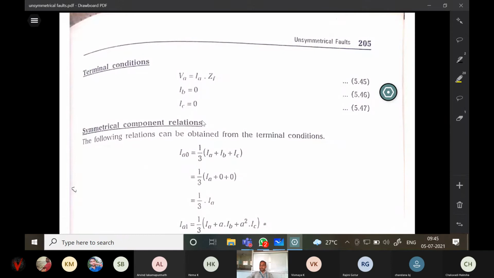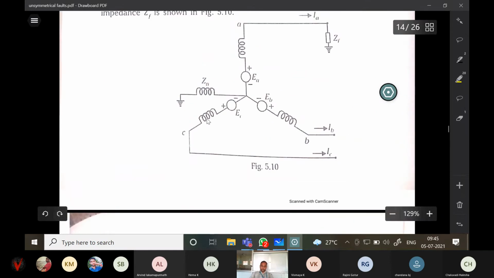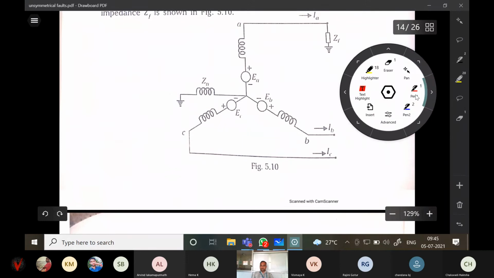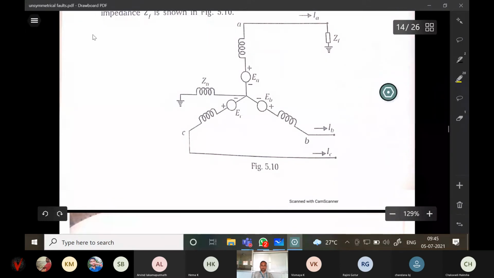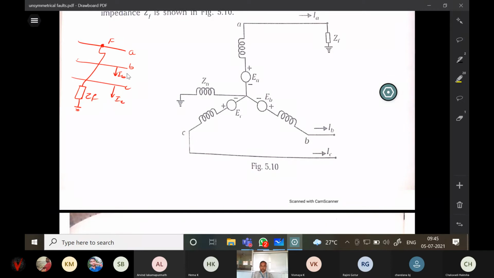We have three lines A, B, C, with the fault at some point through impedance ZF to ground, and IB and IC both 0.